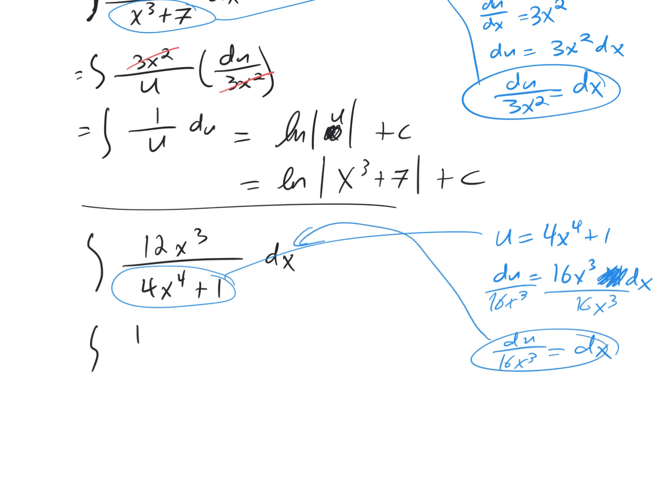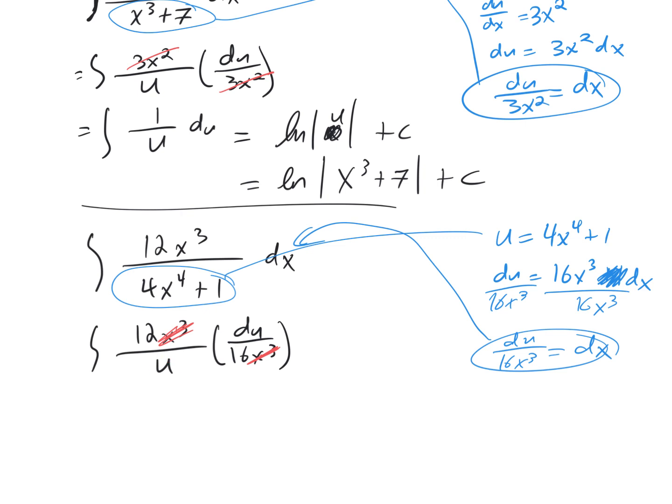We have the indefinite integral of 12x cubed over, we sub that out for u, then dx becomes du over 16x cubed, and the important thing here is that x cubed and x cubed reduce, so now all I have left is this u variable and the corresponding du.